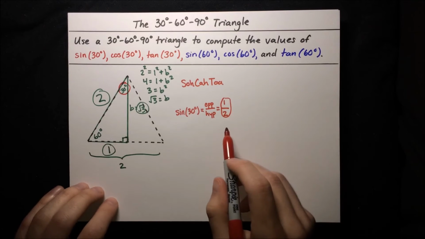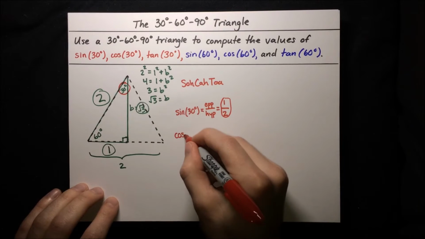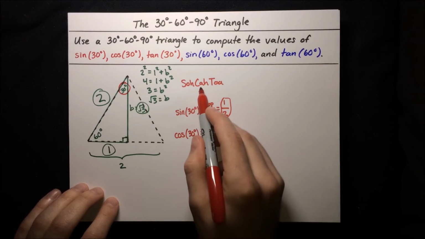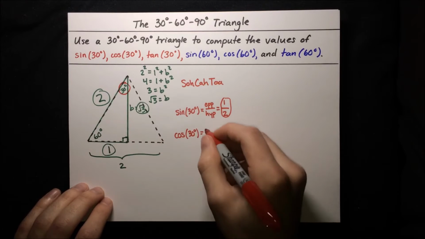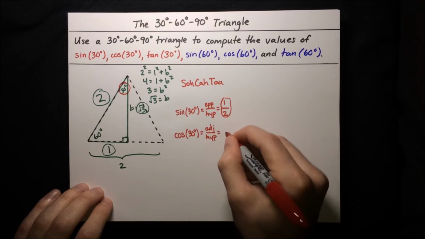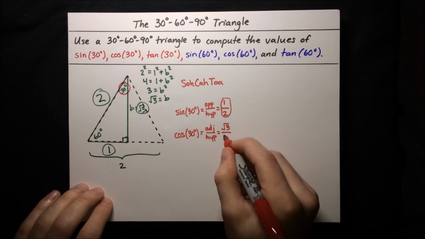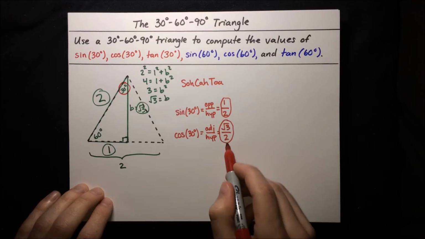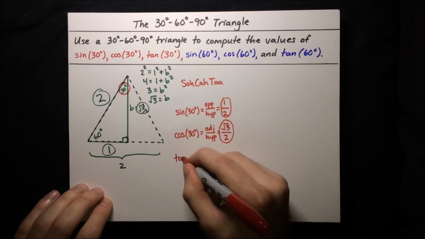Okay, now we can continue on with cosine of 30 degrees. Same idea here. Cosine of 30 degrees, according to SOHCAHTOA, is adjacent over hypotenuse. Adjacent is root 3, and hypotenuse is 2 again. So there we go. Cosine of 30 degrees is root 3 over 2. And lastly, for 30 degrees, we have tangent.